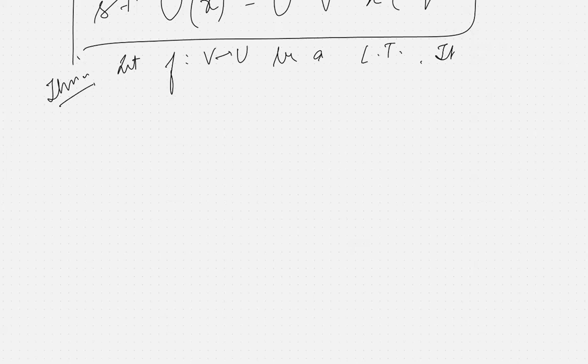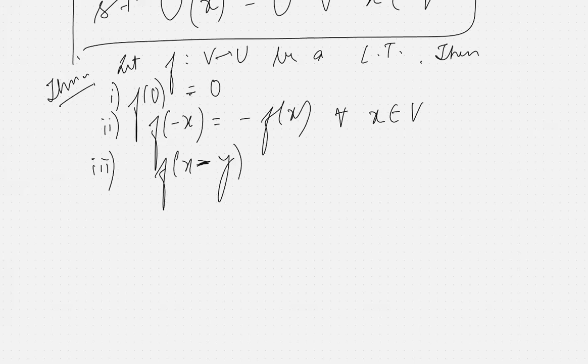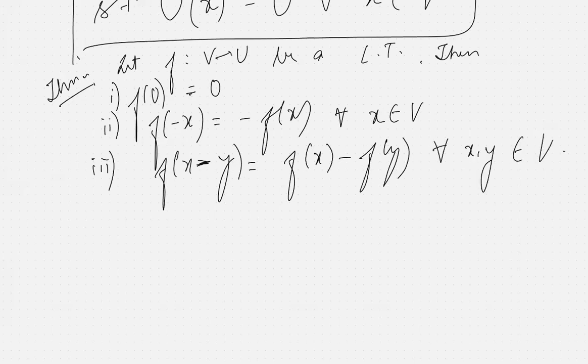Second part: f of minus x is equal to minus of f of x for all x that belongs to V. And third part: f of x minus y should be equal to f of x minus f of y for all x, y that belong to V. We have been given that f is a linear transformation and we need to prove all of these three. So let's start with the proof of it.